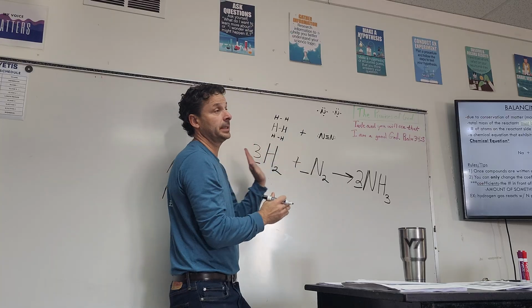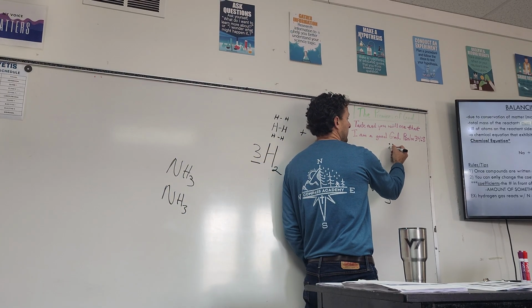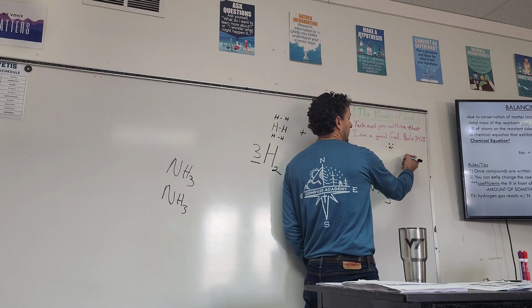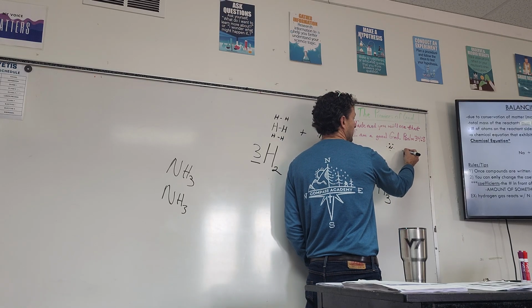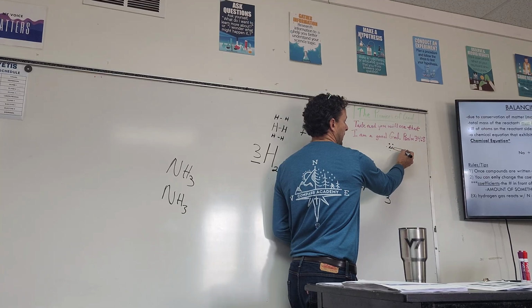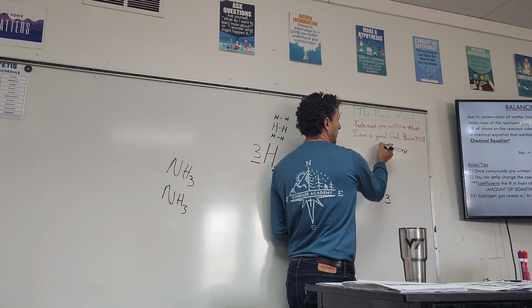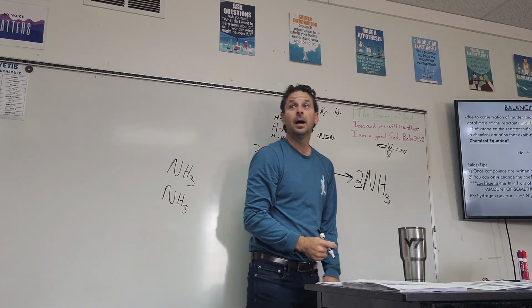Why? Because on the other side, this is what's going on. Here is nitrogen again. Here are my hydrogens, and wouldn't it be nice if they could just come in here and share, share, and share. They share 3.